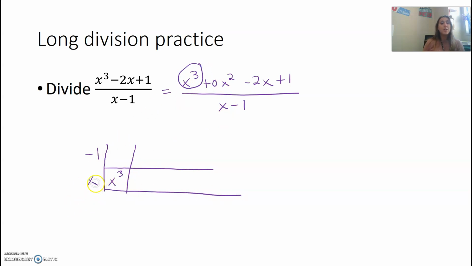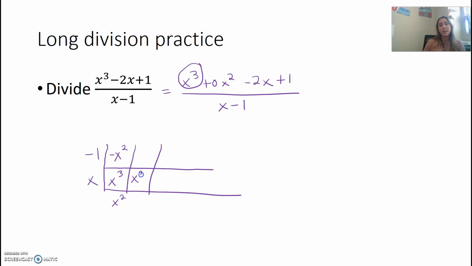Here we go. So I need to figure out x times what is going to give me x cubed. Well, that's x squared. And then I multiply x squared times negative 1, and I get negative x squared. So then I have to figure out what to put here. And I go back up here. Well, I want exactly 0x squareds. So I need to figure out what am I going to add to negative x squared to get to 0.